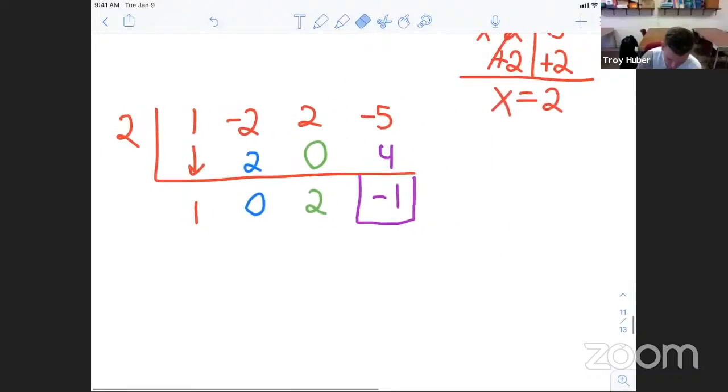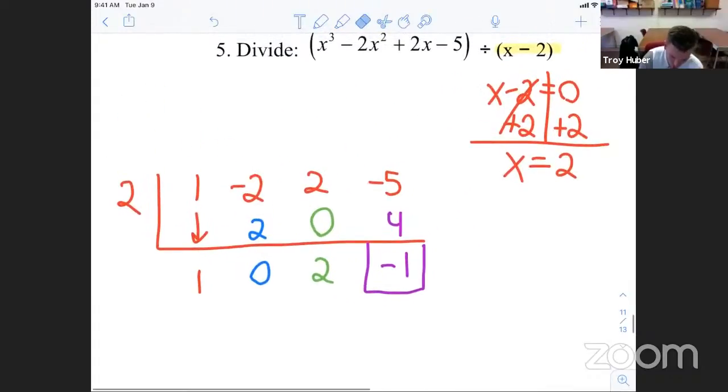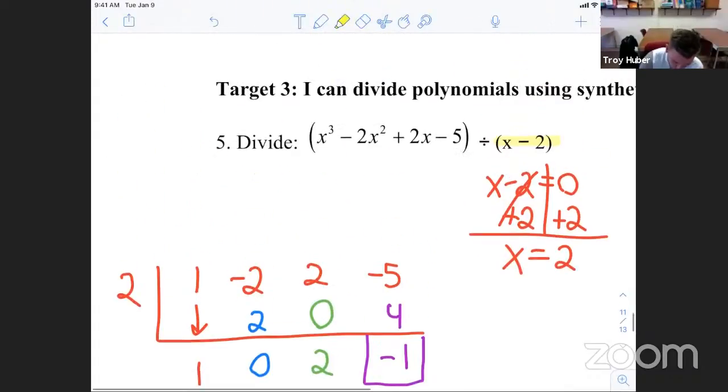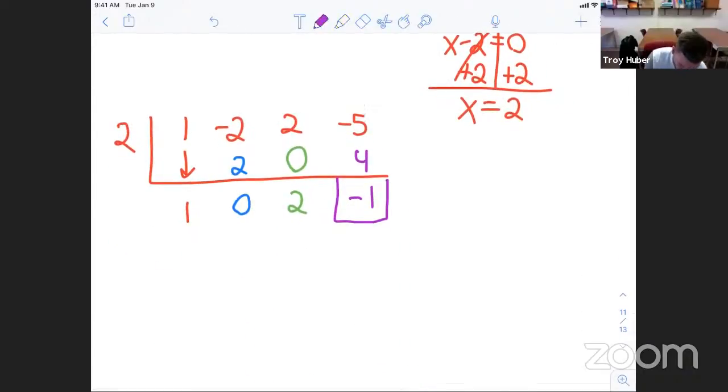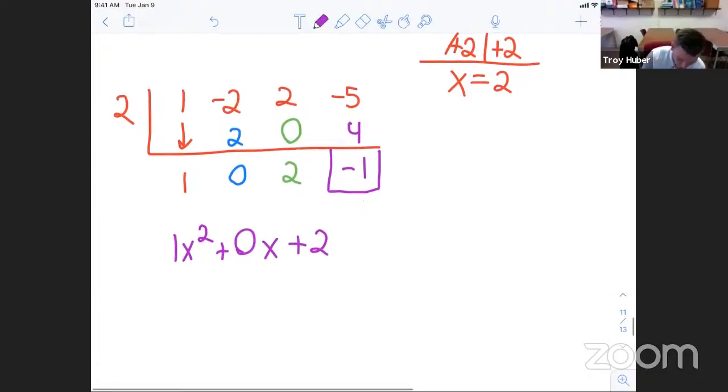So let's finish writing this. You always go one less degree. So instead of x to the third power, now we have 1x to the second power plus 0x plus 2. Do we have to write that 0x? No, not really.